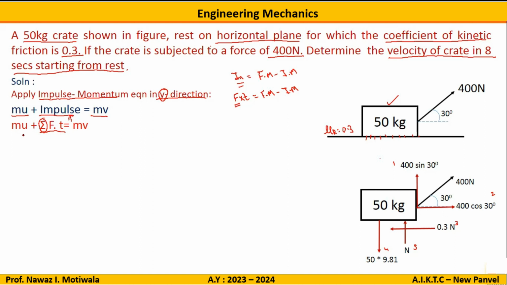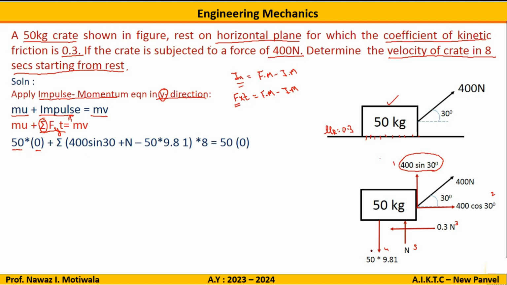Now substituting the values, m is given to us in the question as 50. u, it is starting from rest, hence it will be 0. Then summation of all the forces in y direction, because I am applying impulse momentum in y direction. So this will be 400 sin 30 going upwards, then 50 into 9.81 going downward, and this N going upwards. All these forces multiplied by time.